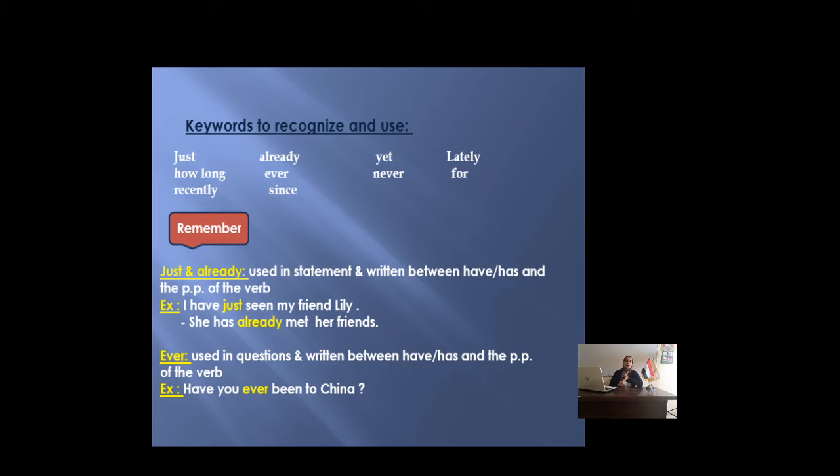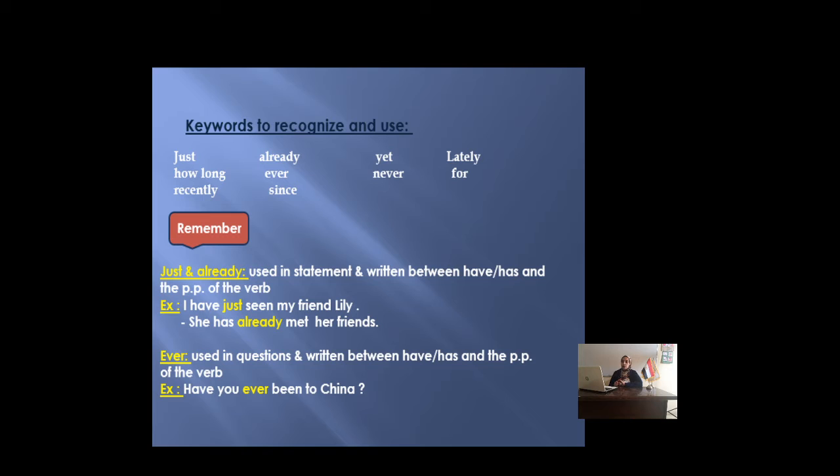Okay, what is the third form? When I say go, went, gone, gone is the third form of the verb, or the PP, the past participle. For example, here, I have just seen my friend Lily. It means that, yes, I've seen her. She was outside, then I have just seen her.